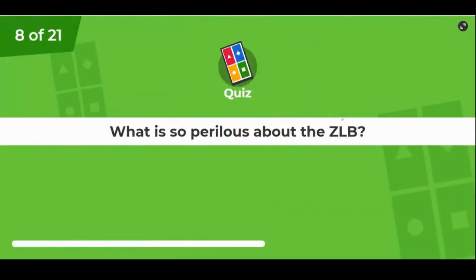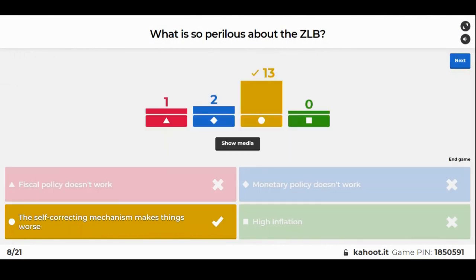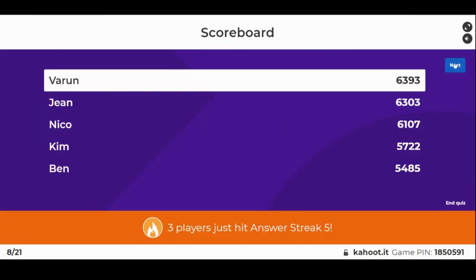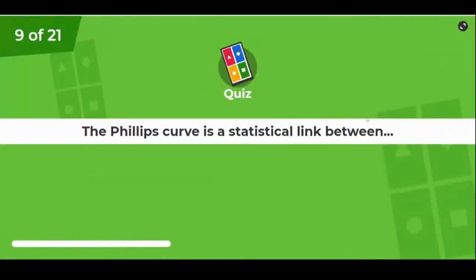8. What is so dangerous about the zero lower bound? Is it that fiscal policy doesn't work, or monetary policy doesn't work, or is it high inflation, or is it the self-correcting mechanism makes things worse? Great, the self-correcting mechanism makes things worse. It's good to see most people are getting most things right today.